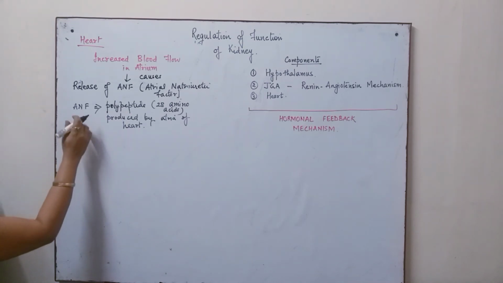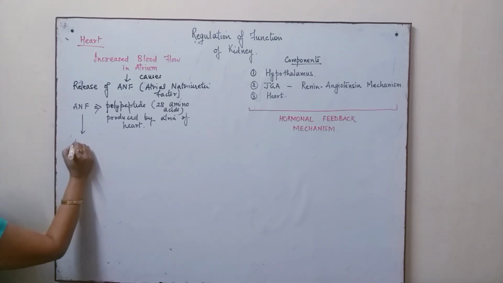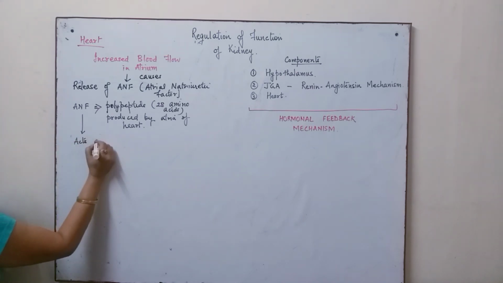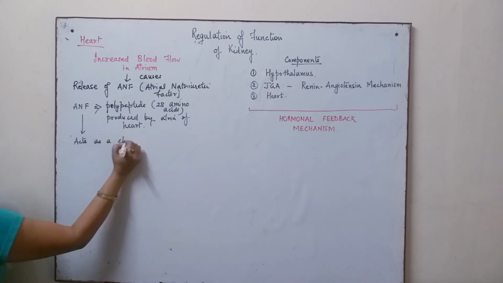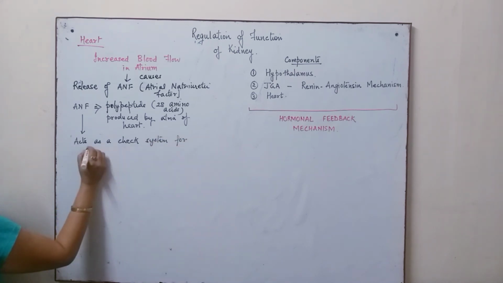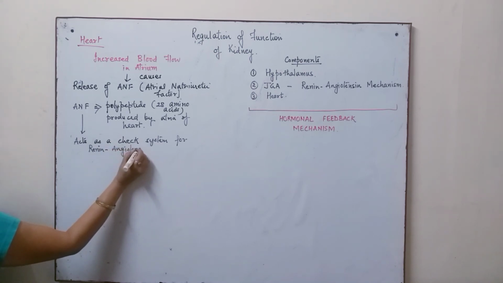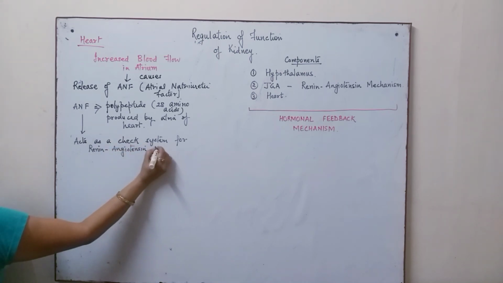Now as a result of the ANF, this ANF functions in three ways, because it keeps a check on the renin-angiotensin mechanism. ANF acts as a check mechanism or check system for the renin-angiotensin mechanism.